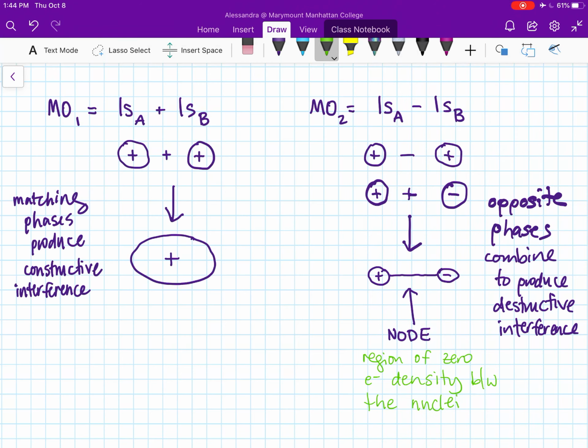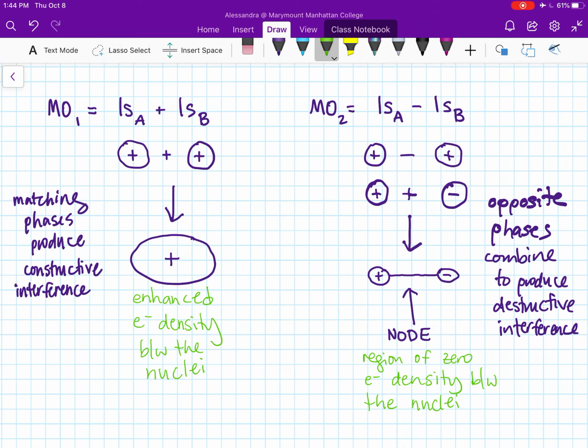Now, that's very different from what we saw over here. Here we had enhanced electron density between the nuclei because of that constructive interference. So we see these very different situations through the two linear combinations that we just discussed.